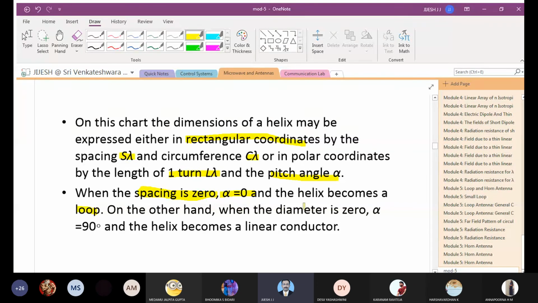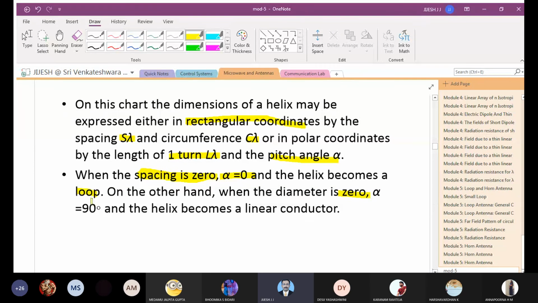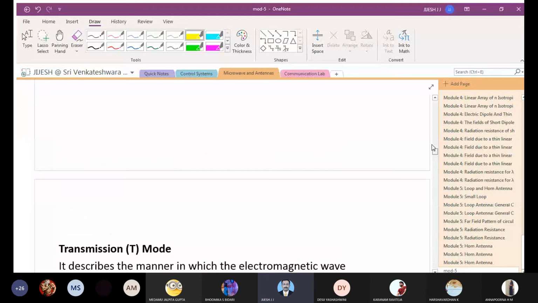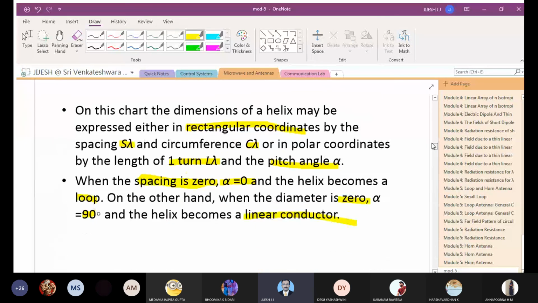On the other hand, if the diameter is 0, alpha is equal to 90 degrees and the helix becomes a linear conductor. So when alpha is 0, the helix becomes a loop, and when alpha is 90 degrees, it becomes a linear conductor. You can make a note of these points.